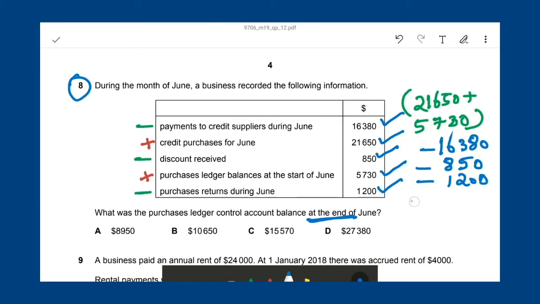How much does it come to? $8,950. So what is the correct answer? The correct answer is A.